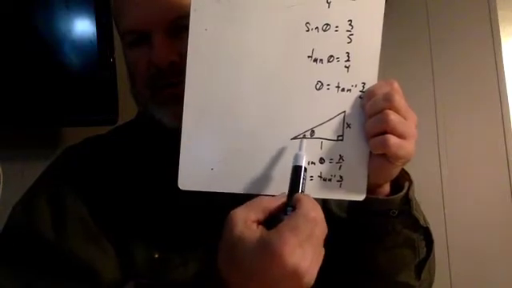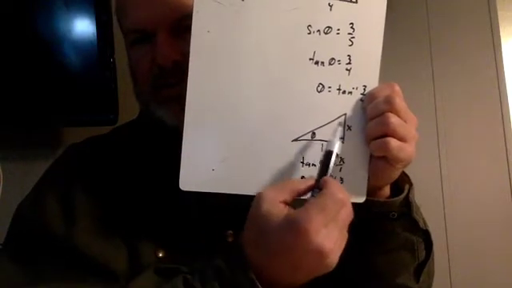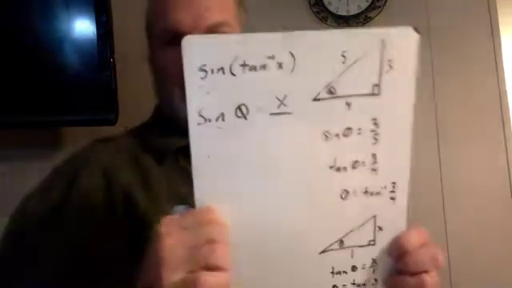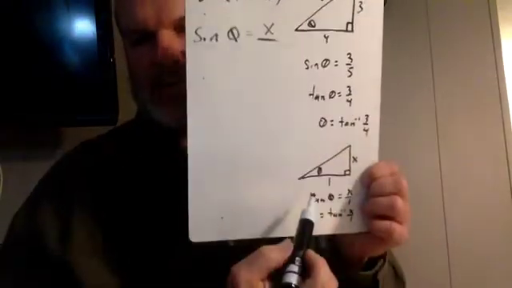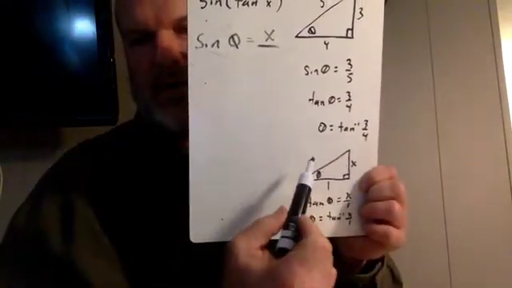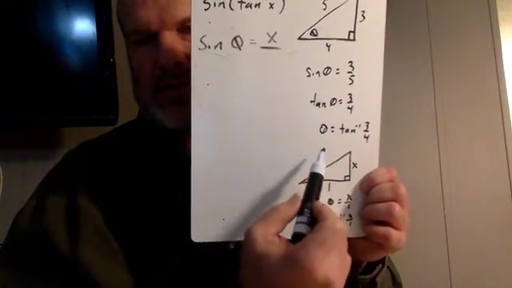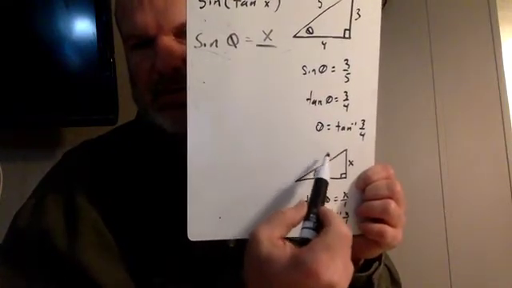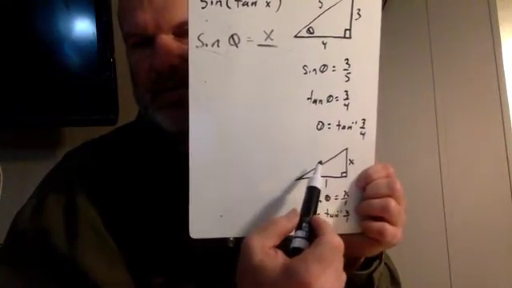So the sine of theta is the opposite over the hypotenuse, so the sine of theta is equal to x over the hypotenuse, opposite over hypotenuse. We just don't know what the hypotenuse is, so we got to use the good old-fashioned Pythagorean theorem to figure that out.